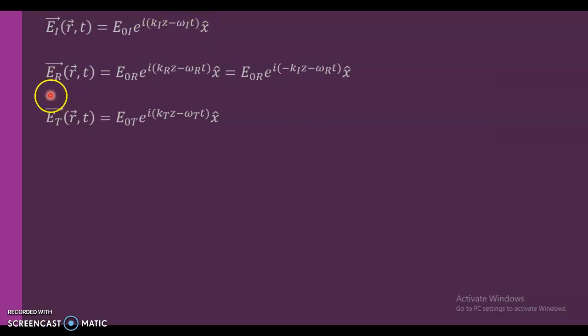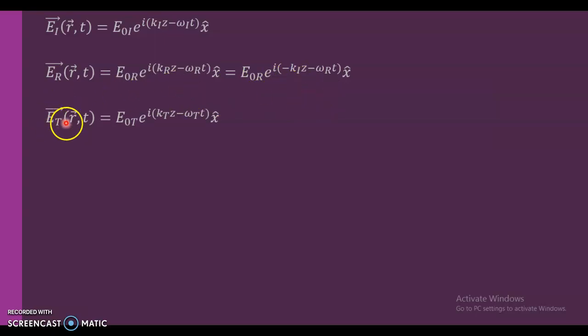Similarly, you can write the expression for the electric field of the reflected wave, that is Er is equal to E0r e^(i(kr z - omega r t)) x cap. Here also Kr can be replaced by minus Ki because the reflected wave is just opposite to the incident wave in direction. So we are replacing, and the above equation can be written like this.